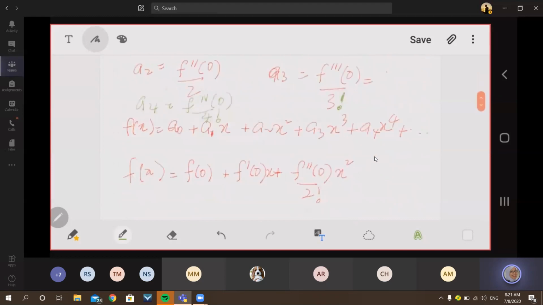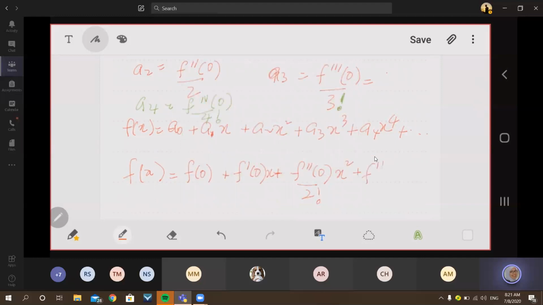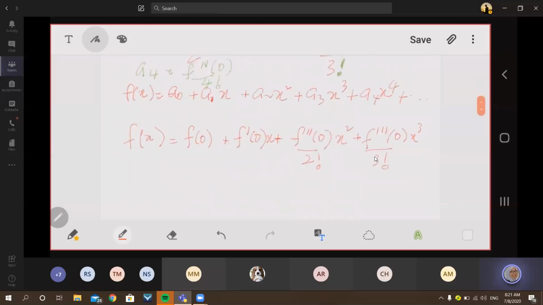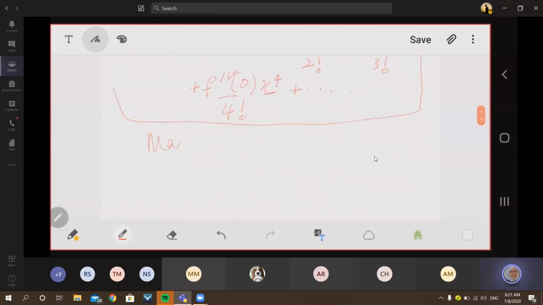So you will get plus f triple prime of 0 divided by 3 factorial x cubed, and then plus f 4 times of 0 divided by 4 factorial and so on, x to the 4. So this is what we call the Maclaurin series. Okay, do you follow that?